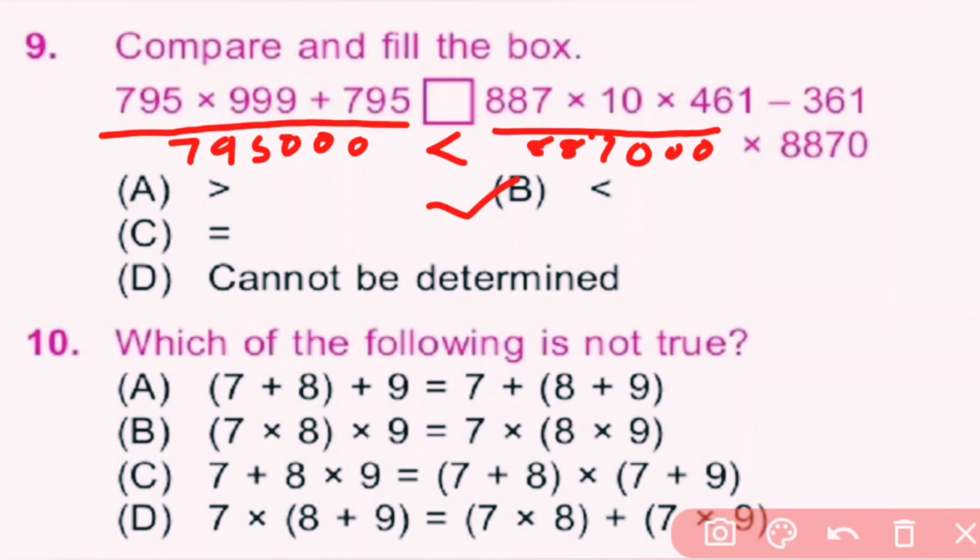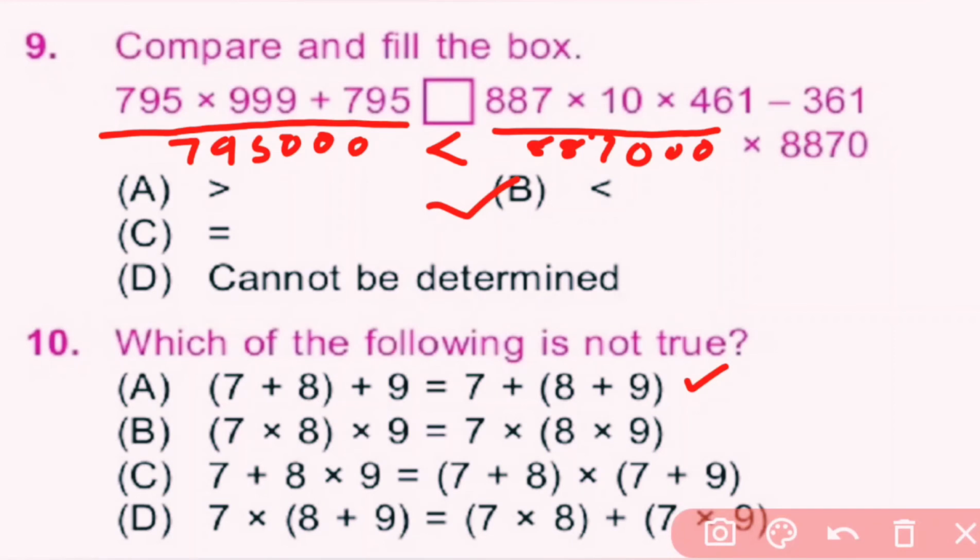Now question number 10. Which of the following is not true? Option A. 7 plus 8 in bracket plus 9 is equal to 7 plus 8 plus 9. This is a true statement. It is based on the associative law of addition.